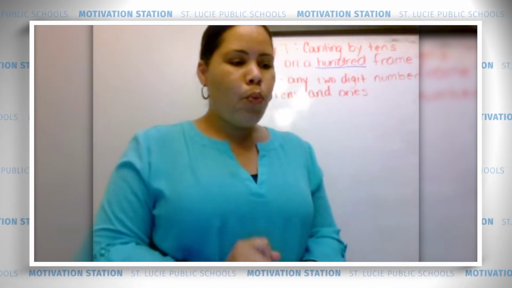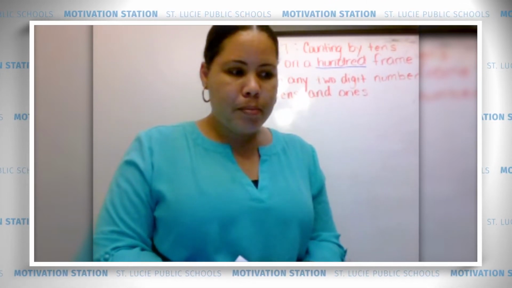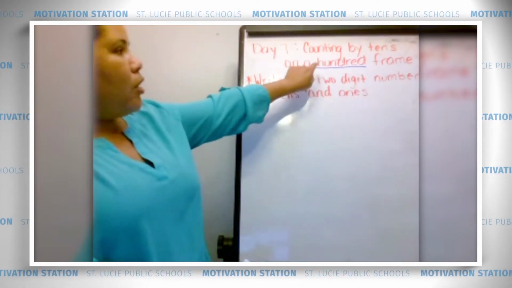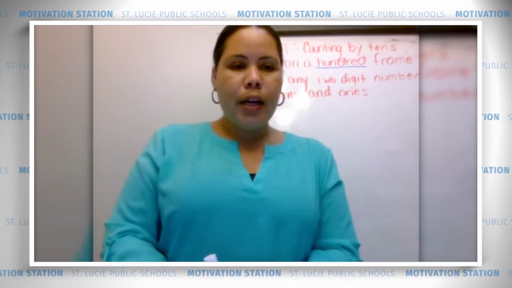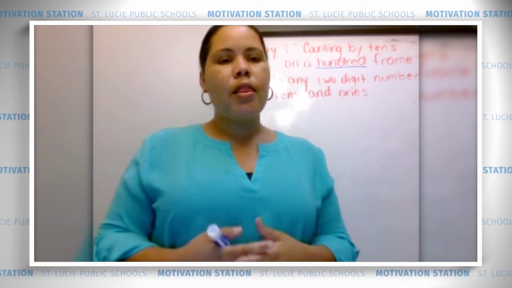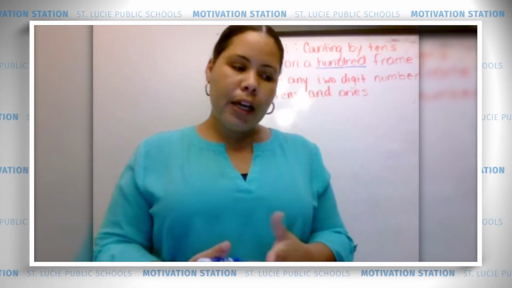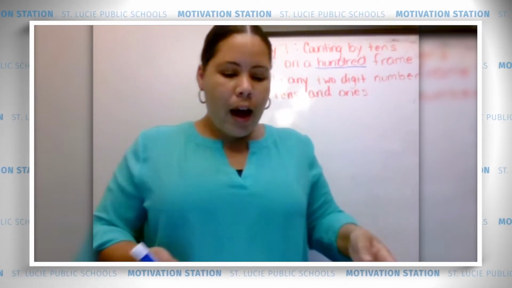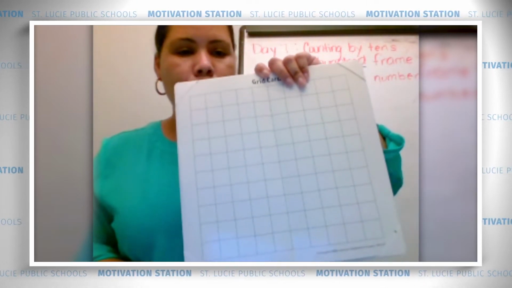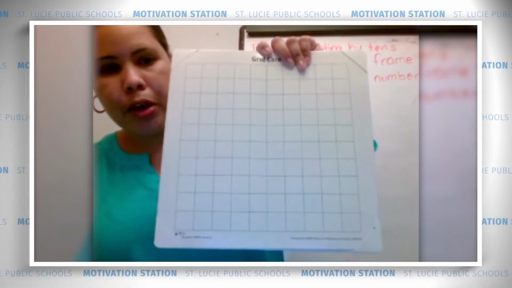Okay, so we have been using 10 frames, but today you'll learn a different frame, that 100 frame, one that we can use when we're thinking about numbers larger than 10 or 20. So I have a 100 frame here. What do you notice about the 100 frame?